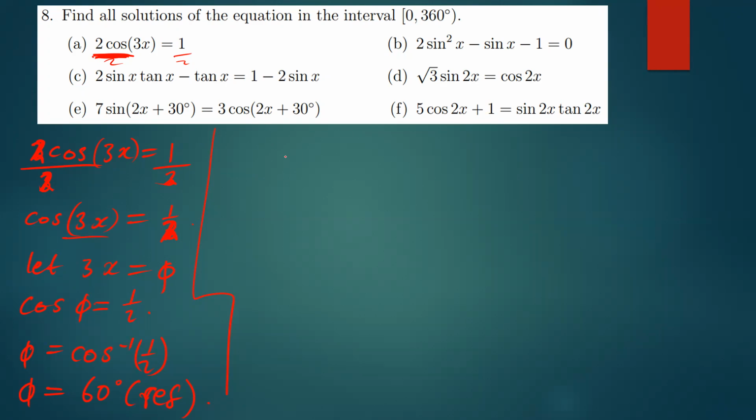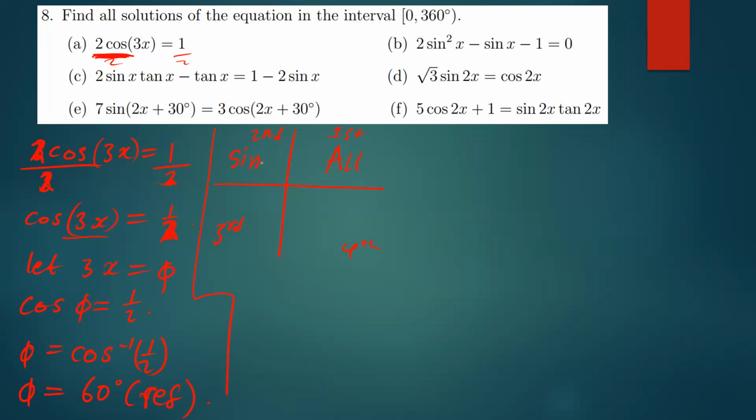When we look at the quadrants, these are the quadrants. We have the first quadrant, then the second quadrant, the third quadrant, and the fourth quadrant. In the first quadrant, all trig ratios are positive.